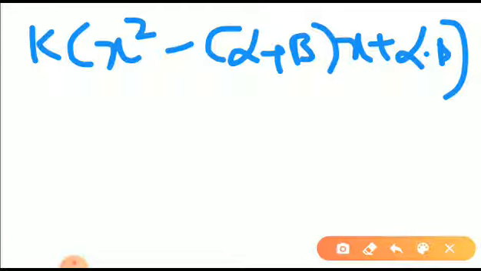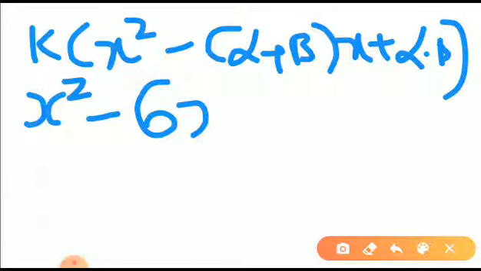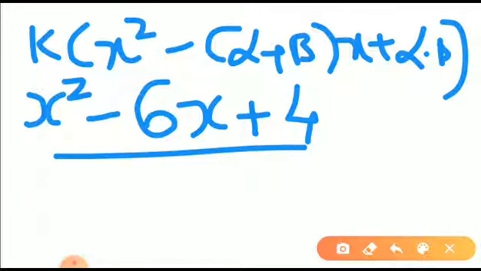It's a real number, you can take any value of k, but in particular I am taking k as 1. So what will be my polynomial now? x square minus the sum, which was equal to 6, so x square minus 6x plus alpha into beta, which was equal to 4. So my polynomial is x square minus 6x plus 4.